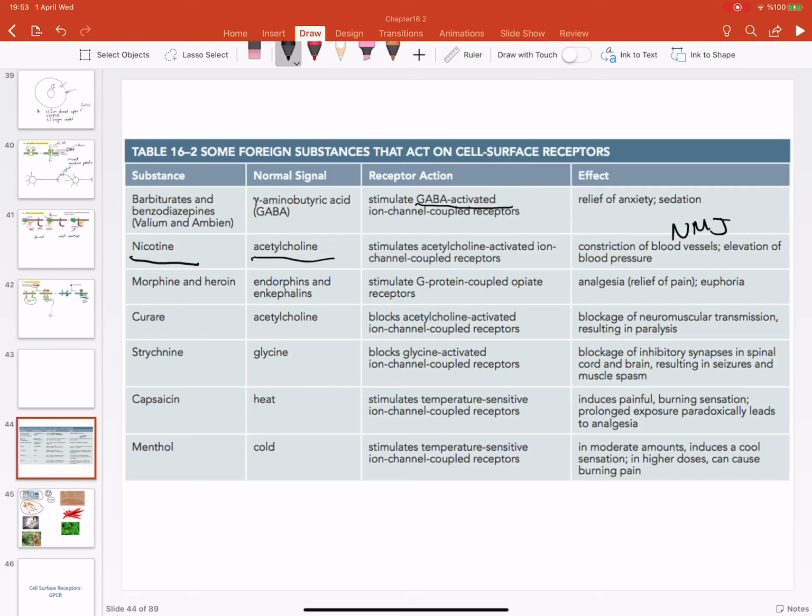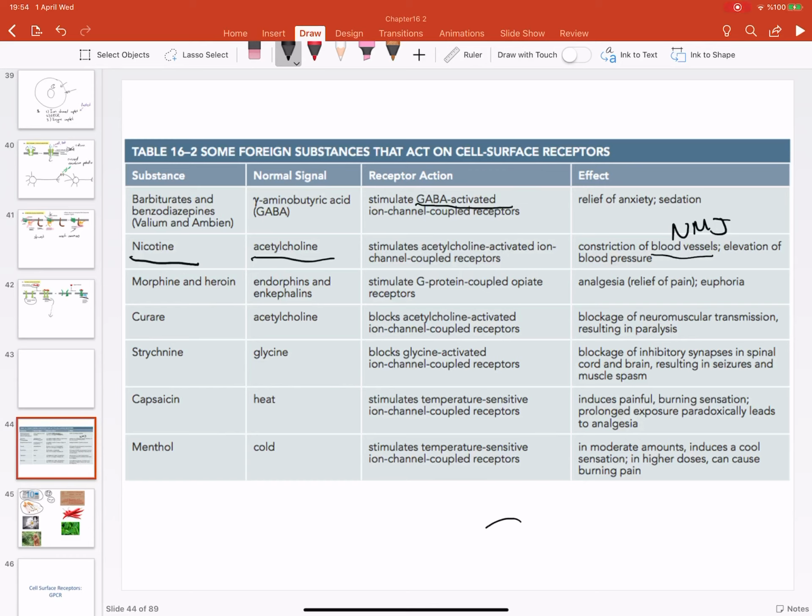Each time when you want to use your muscle, when you want to talk or move your finger, acetylcholine is secreted in the neuromuscular junction. And in this case, nicotine is mimicking acetylcholine. So the acetylcholine activated ion channel coupled receptor opens. And what it really affects primarily is the blood vessels. It constricts the blood vessels.